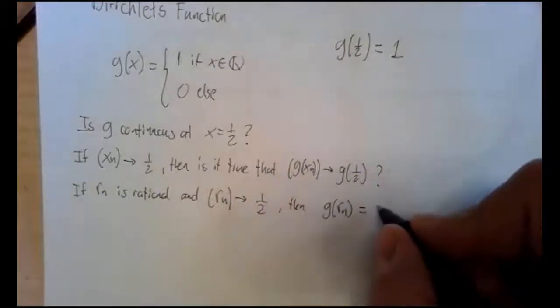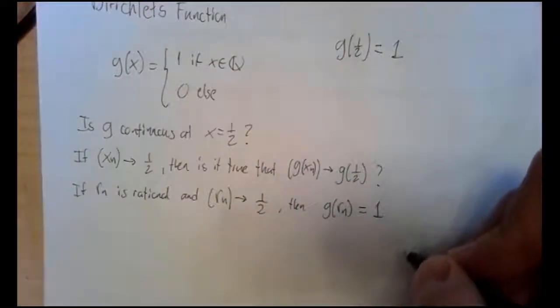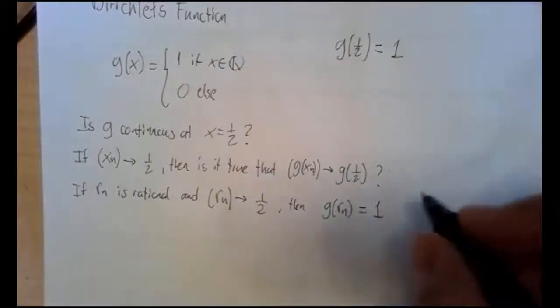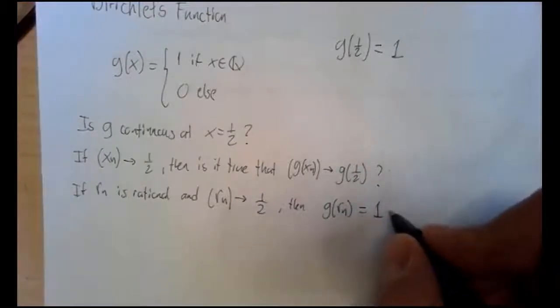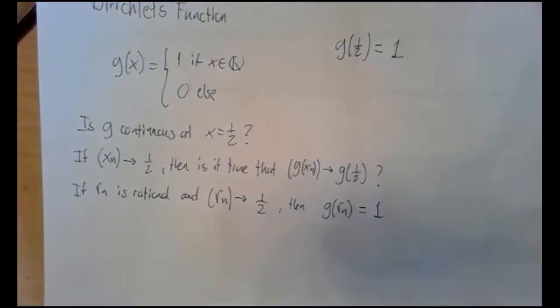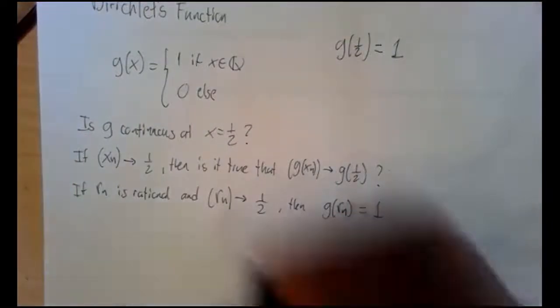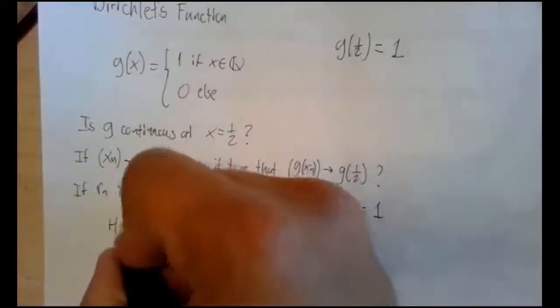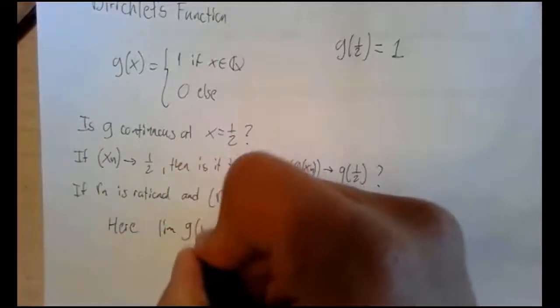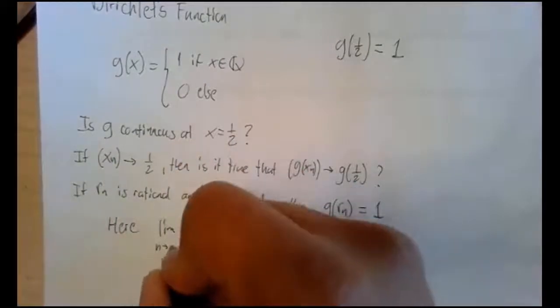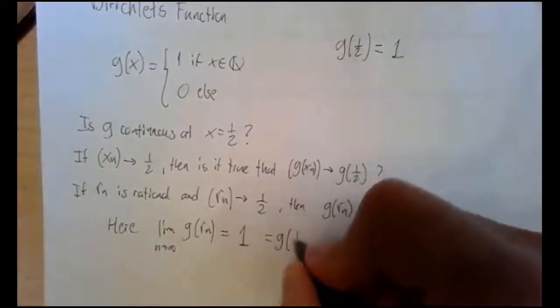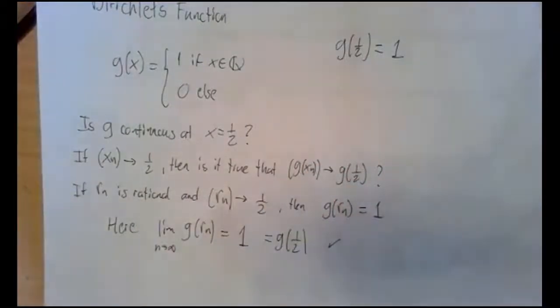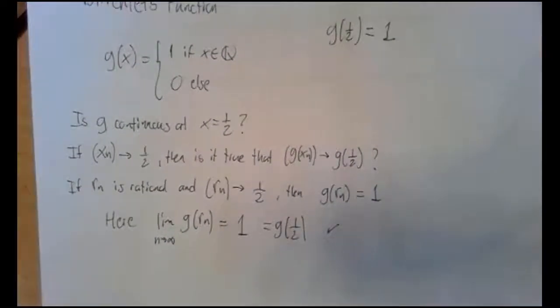Well, they're all rational, so g of Rn is 1. And in this case, yes, right? Because these numbers are all 1 and they're approaching 1. Perfect. So in this case, the limit of g of Rn when n goes to infinity is 1, which matches g of 1/2. So we're happy. It seems like it could be continuous at 1/2.